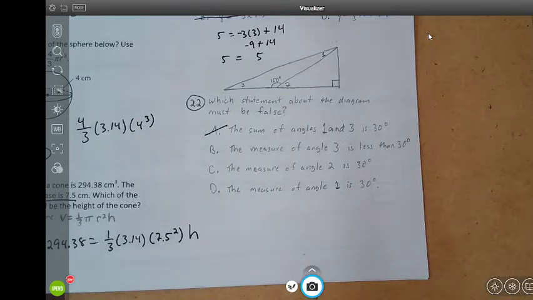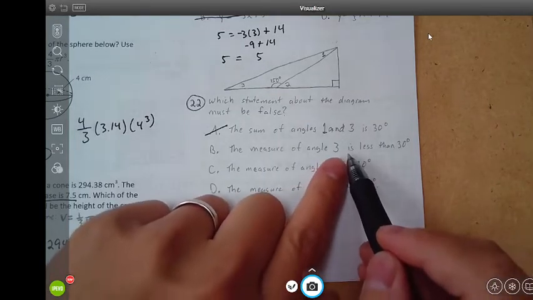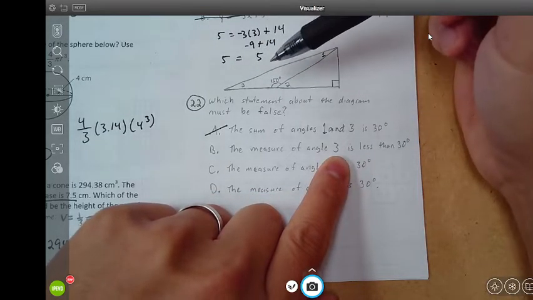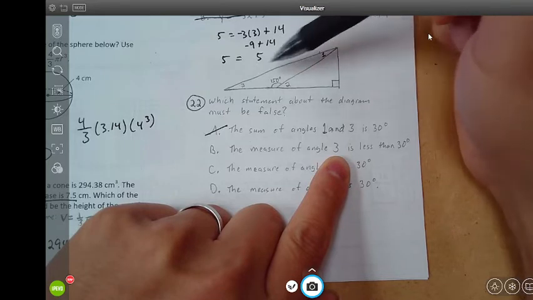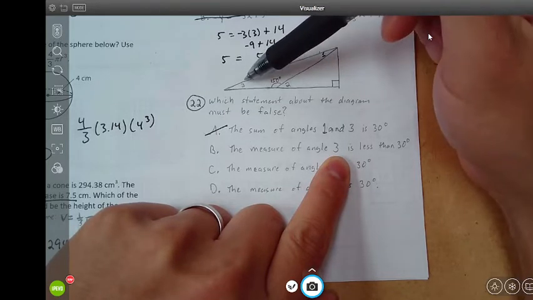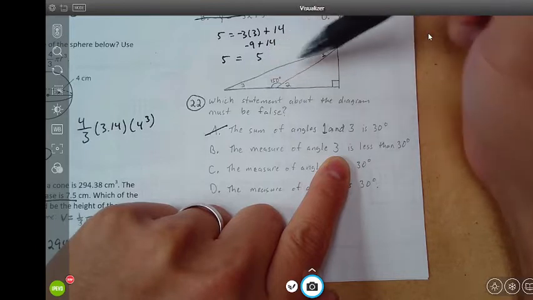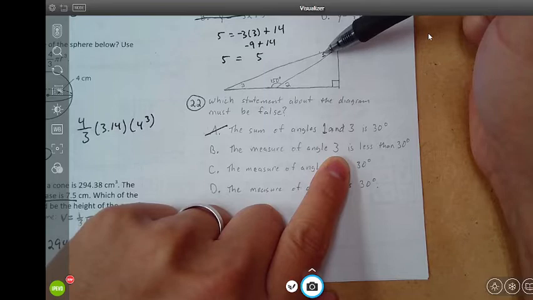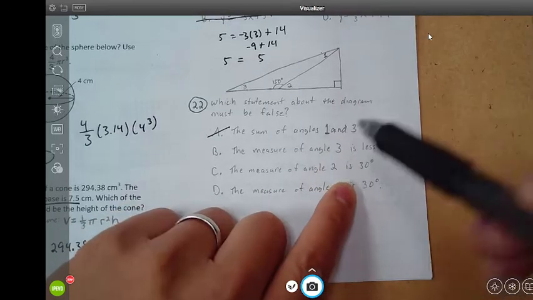It says the measure of angle 3 has to be less than 30. Well, that's true also. If 1 and 3 have to add to 30, then 3 has to be less than 30. It can't be 30 or bigger, because then it doesn't leave any room for angle 1. So this also has to be true.